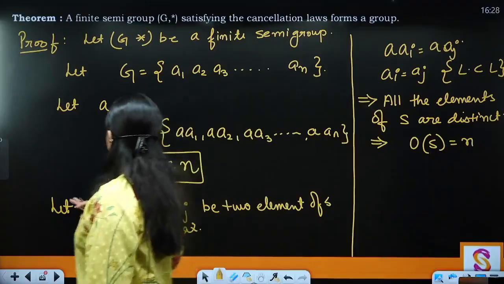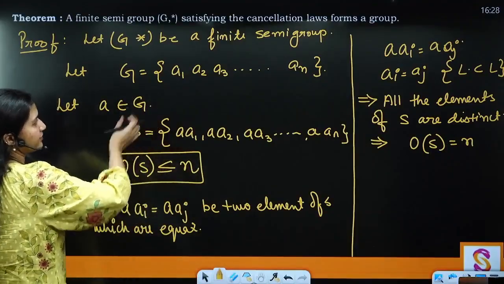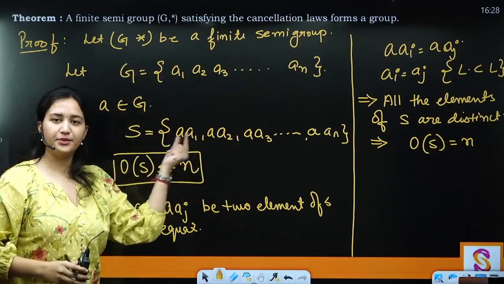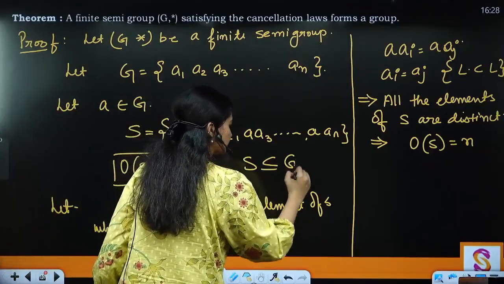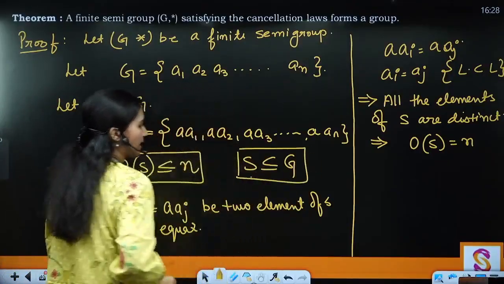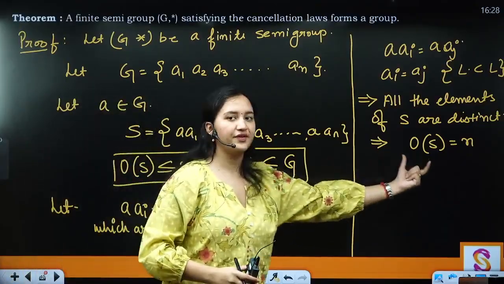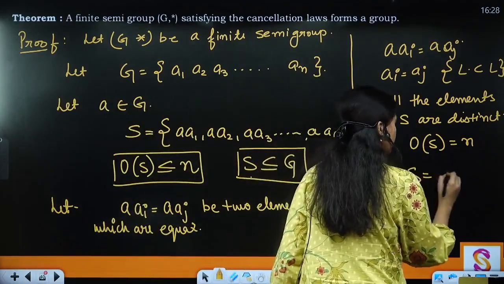And also from here we can say that we have taken one element from G and we have multiplied that element to each of the elements of G, right? So from here we can say that S is going to be a subset of G, right? Now if I combine these two, that S is a subset of G and the order of S is equal to n, this implies that S is equal to G, right?